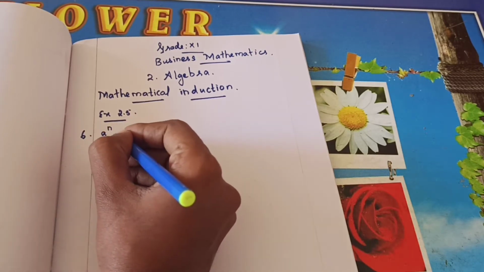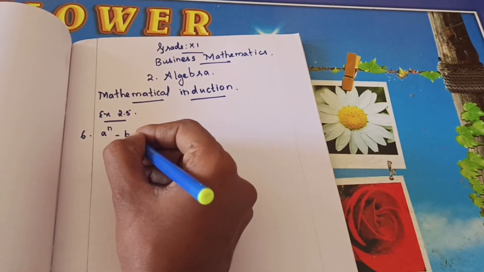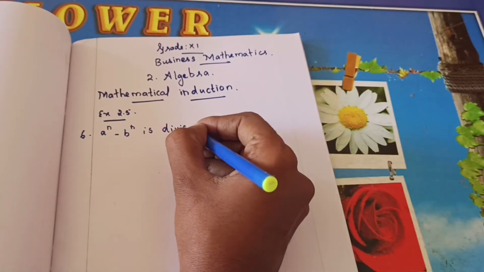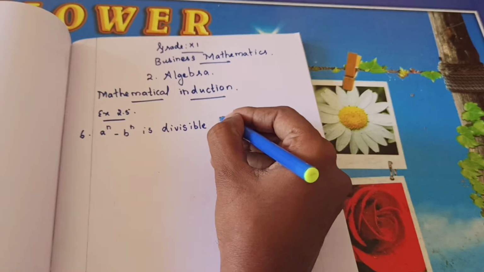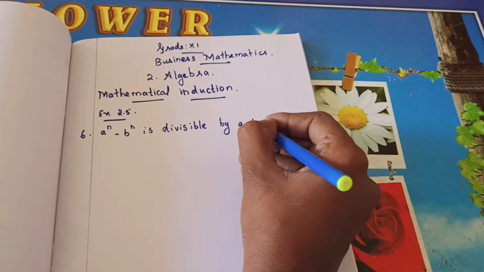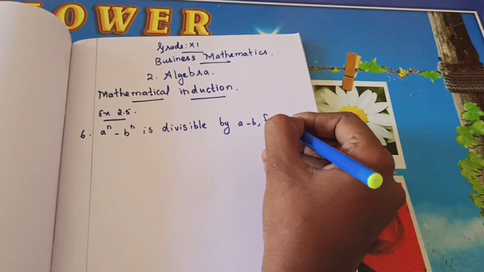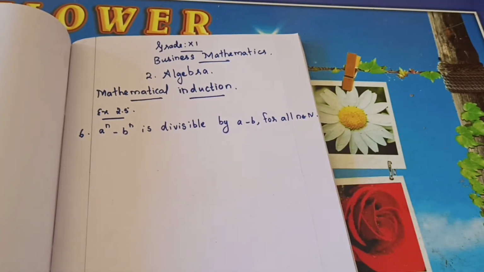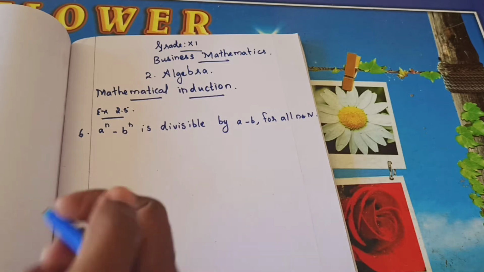The question is a power n minus b power n is divisible by a minus b for all n belongs to N. What's the first thing we will do? We will take the given statement as P of n.